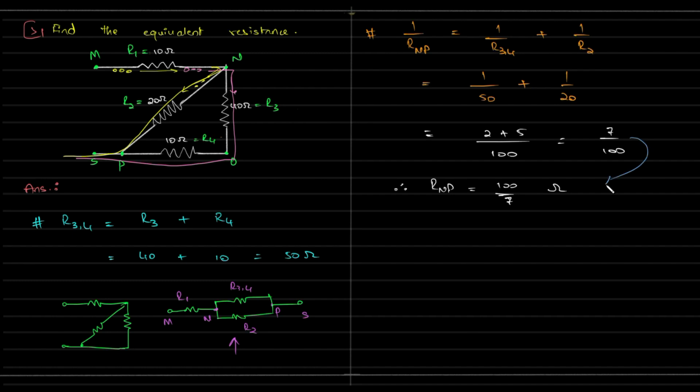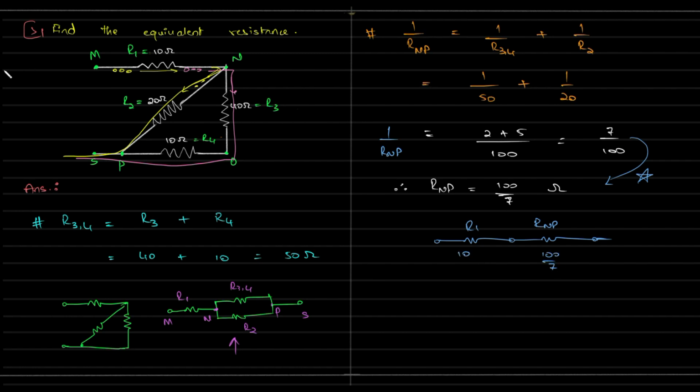Always remember, you need to invert it. Many people forget it. This is 1 by R NP. We need to find R NP. So this, you have R1 over here and R NP in this way. So R1 is 10 ohm. This is 100 by 7.